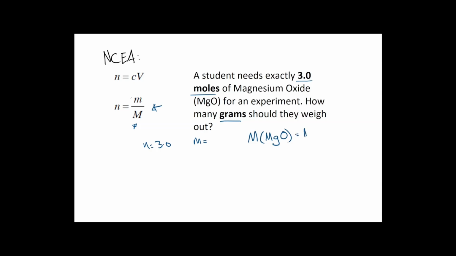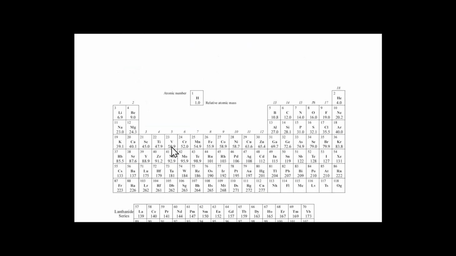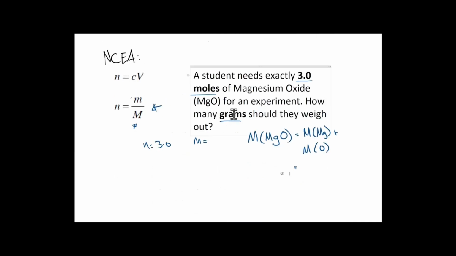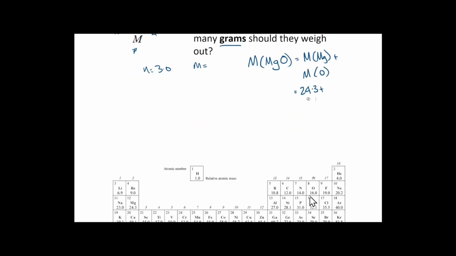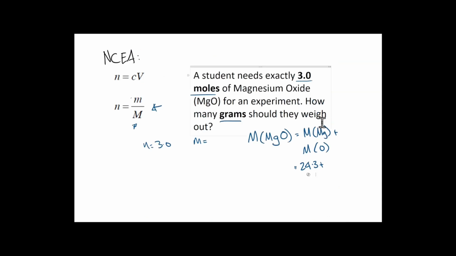So the molar mass of MgO is going to be equal to the molar mass of magnesium plus the molar mass of oxygen. There's 1 atom of each per molecule. So the molar mass of magnesium is 24.3 plus the molar mass of oxygen. We worked it out last time. It's going to be 16.